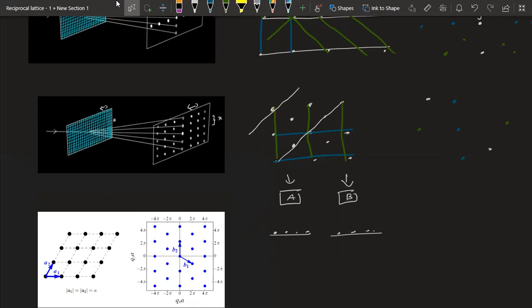If both have the same pattern, the distance between the dots is the same and the arrangement of dots is the same, then we can say that the crystals A and B are the same. If there is some difference, we can understand that there is a difference between the real lattice space of these crystals.